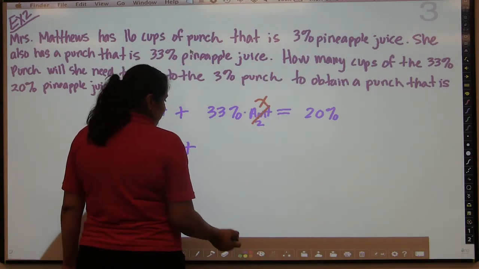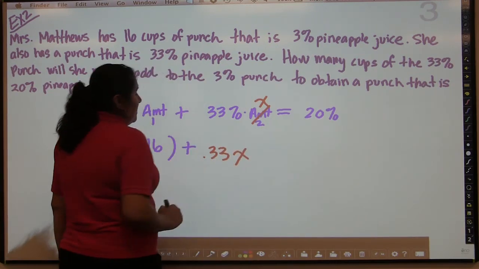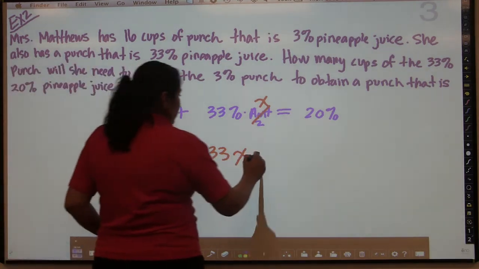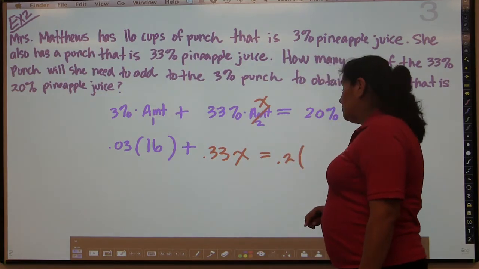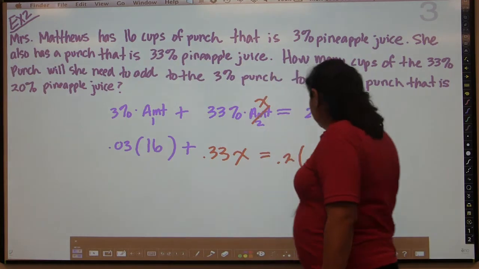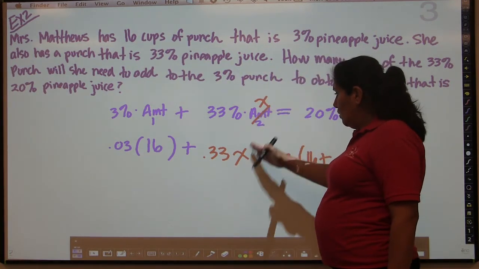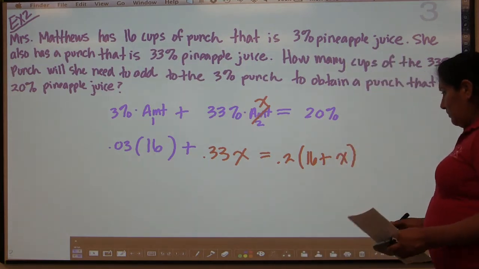So we're going to have 0.33x because 33% is 0.33. And then we're going to end up with a 20% solution, and 20% is 0.2. But at this point, we're going to add the two amounts together. The amount of the 3% is 16. The amount of the 33% is unknown, so x. And there we go. And now we've set up our second problem.